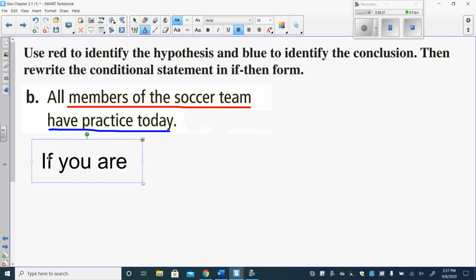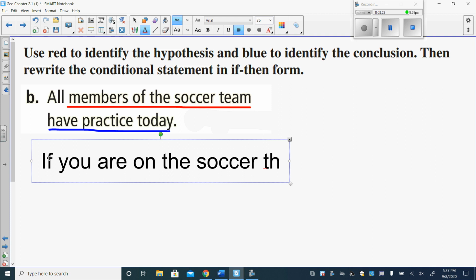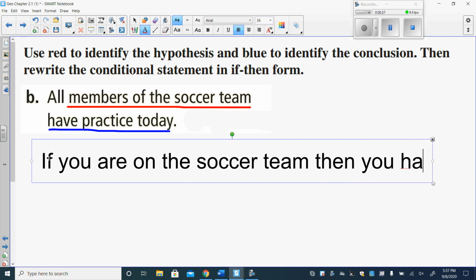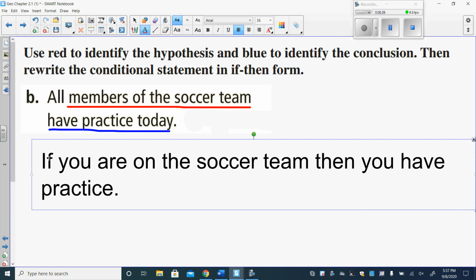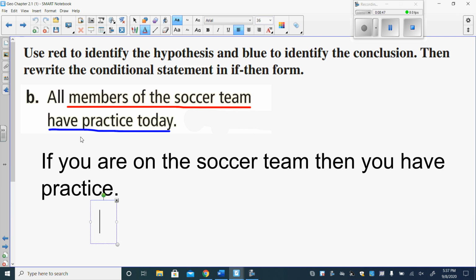If you are on the soccer team, then you have practice. So anything that comes after if is normally the hypothesis. Anything that comes after then is normally the conclusion. So if, hypothesis, then conclusion. And that's all we have for this part here.